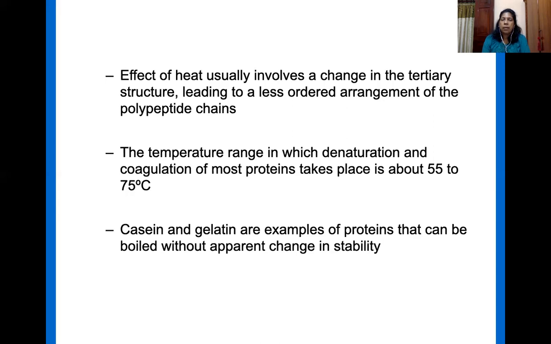The final point: how do we use this important aspect positively in the food industry for development of a new food matrix? That is the way we come out with different types of food structures.